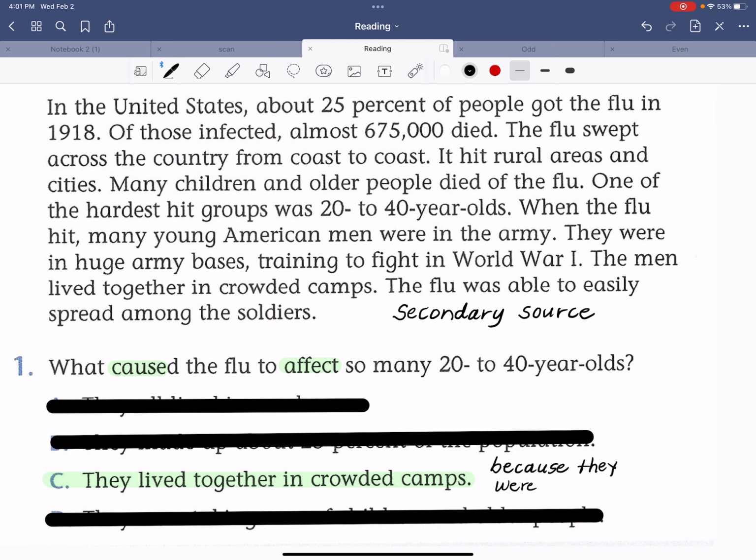They were training for the battlefields of World War I. So that's why they lived in the camps, because they lived so closely together and they stayed in close quarters. The flu was able to spread quite easily.